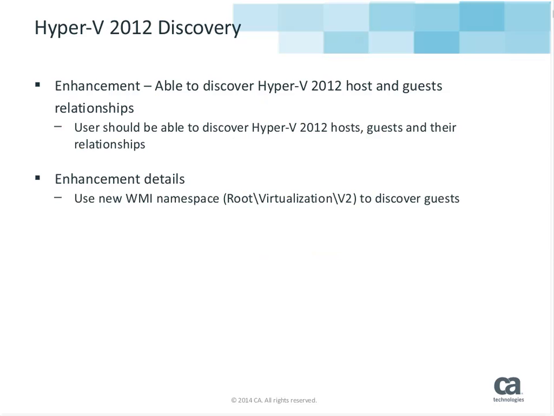This is from installable. Hey, can I get this installable? Whether it's Server 2012 or it's the actual Server 2012 R2. There are two veins or two branches of that, but we do actually support both. We use the new WMI namespace to discover the guests.